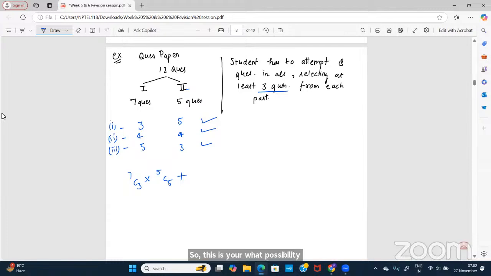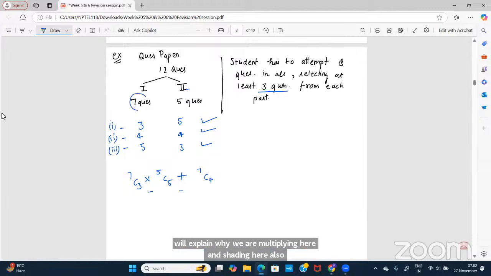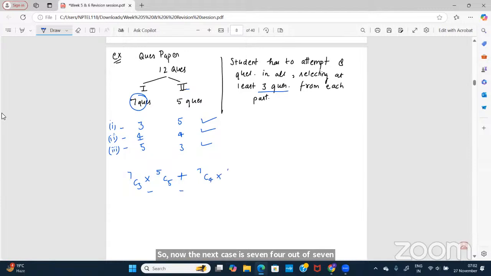Now I will explain why we are multiplying here and adding here also. So now the next case is 7C4. Out of 7 the student is selecting 4, so 7C4 and 5C4, right? Then we will add them, then it will be 7C5 into 5C3, right?